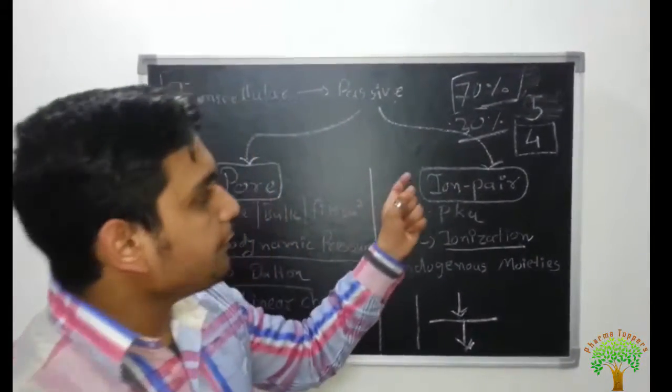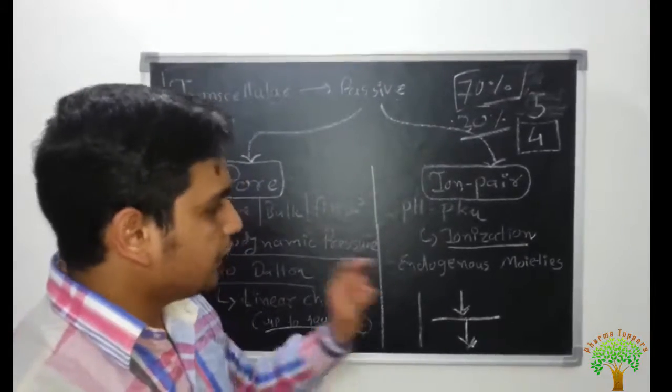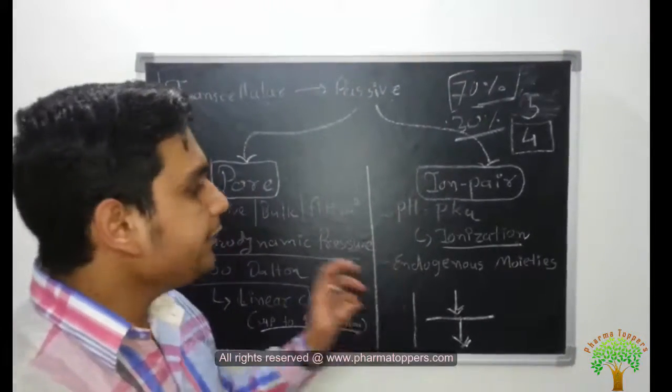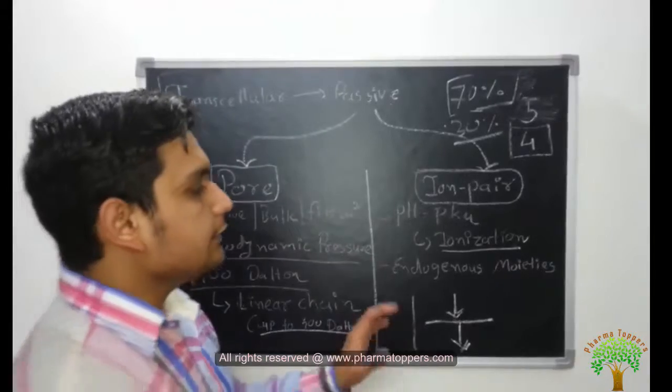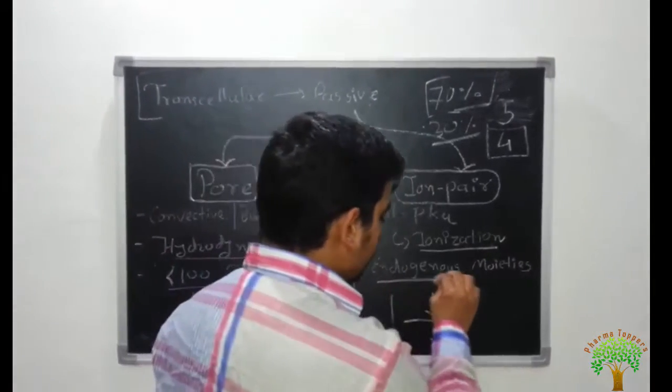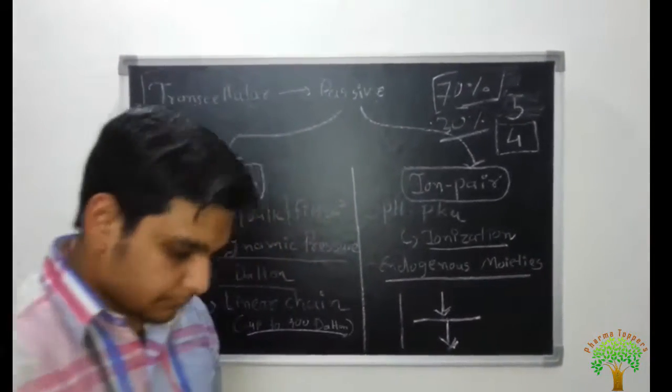So what happens to this 70 percent of the drug? Sometimes this transport mechanism helps. How does it help? Suppose we consider some endogenous moiety, mucin.